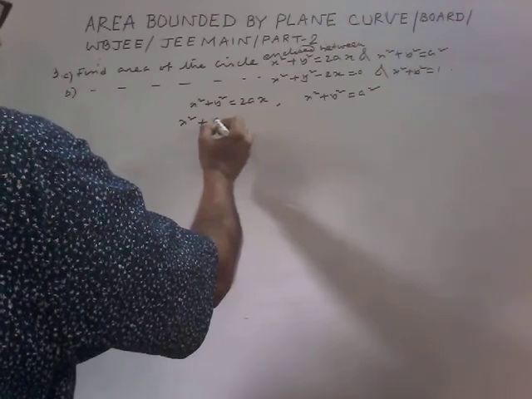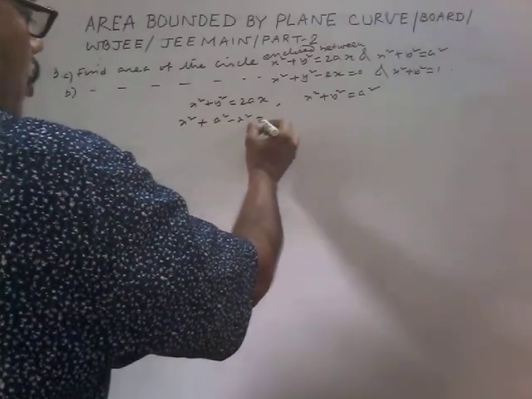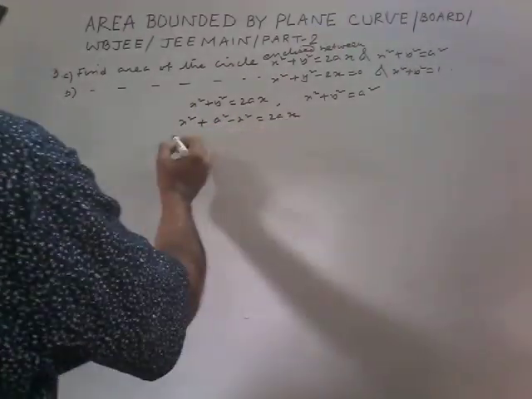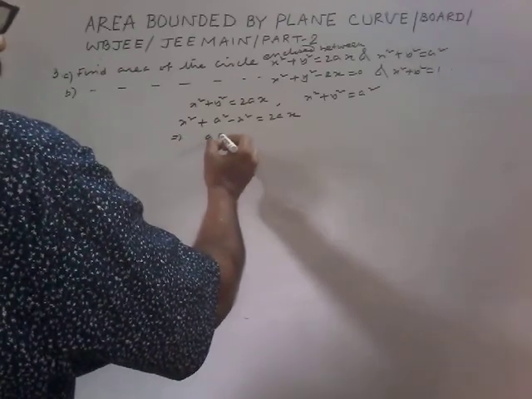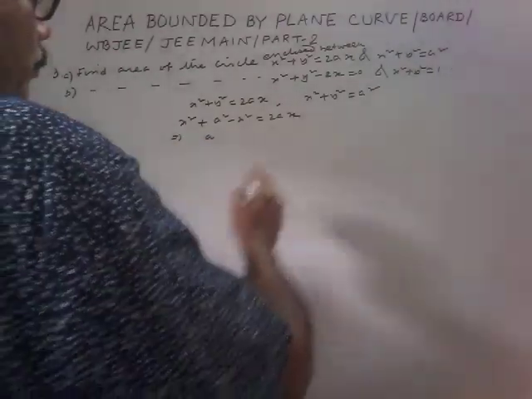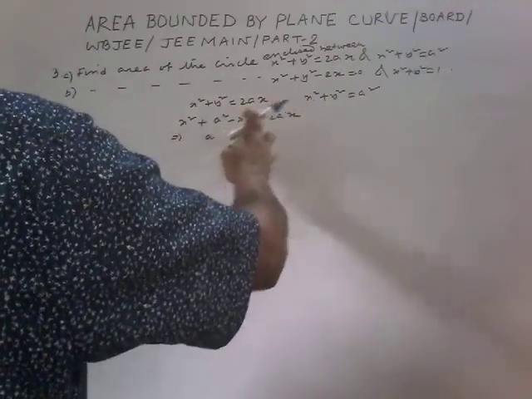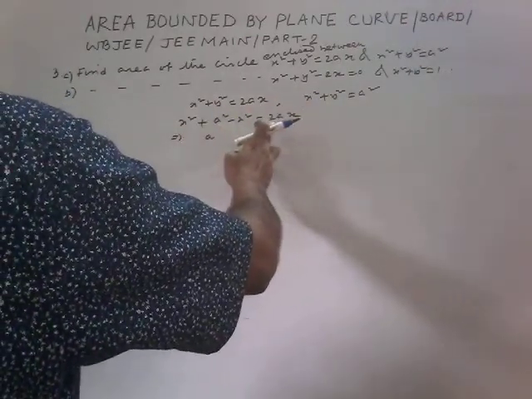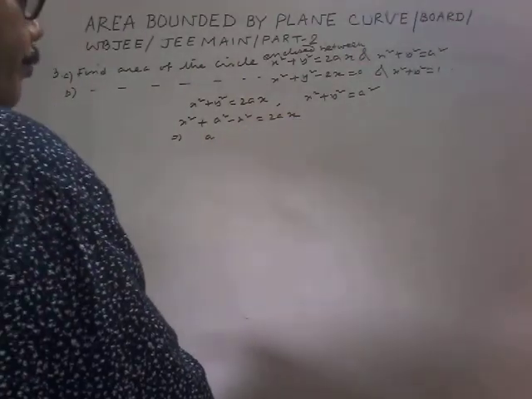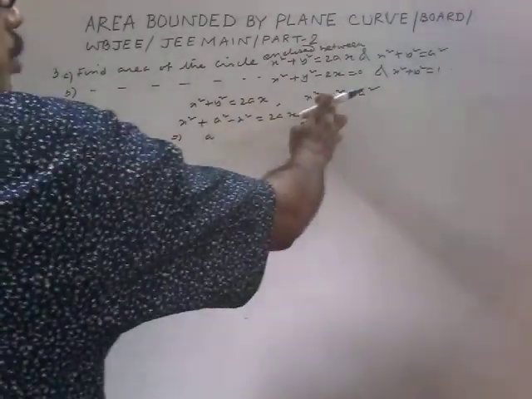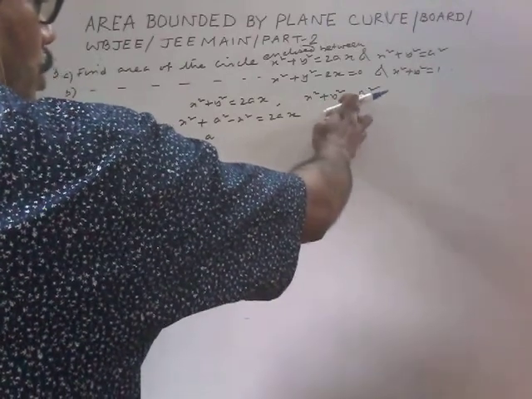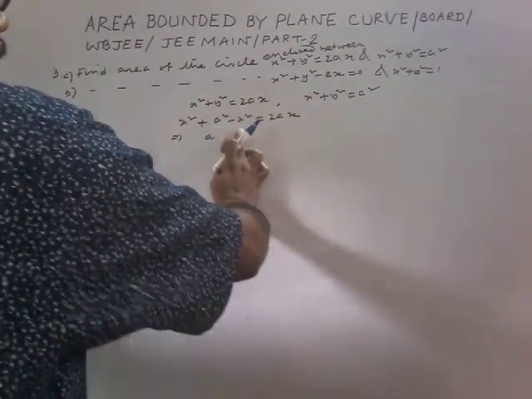What is y square? A square minus x square equals 2x. So a square minus... what is y square? Y square equals a square minus x square.